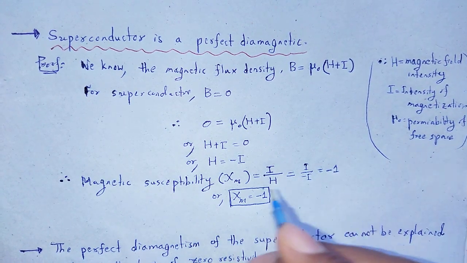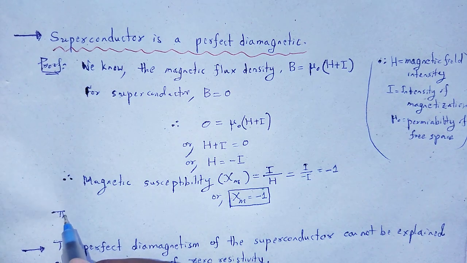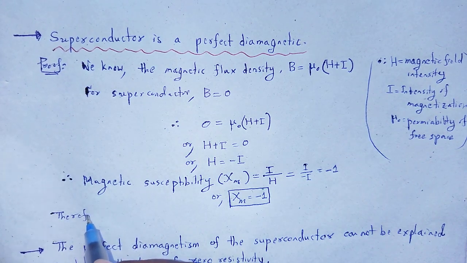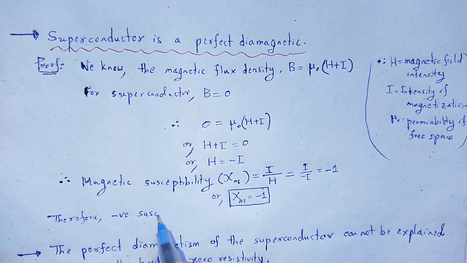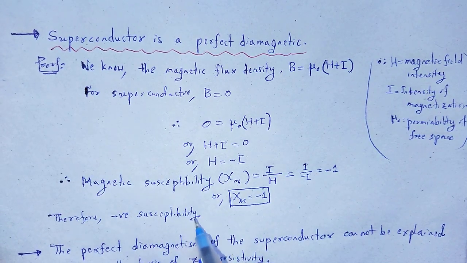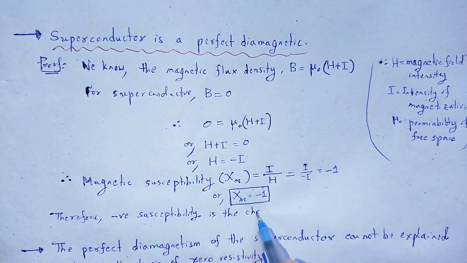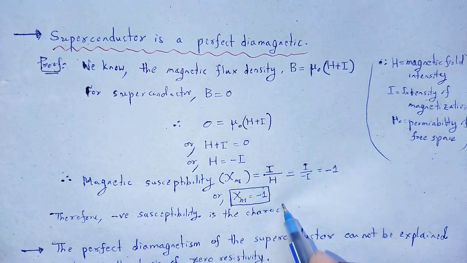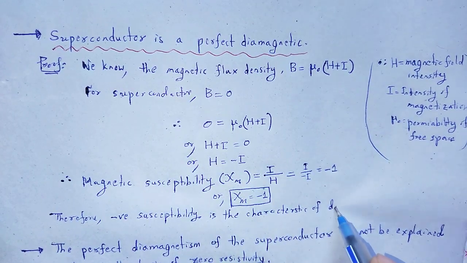Therefore, negative susceptibility is the characteristic of diamagnetism.